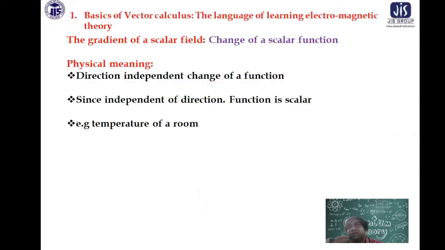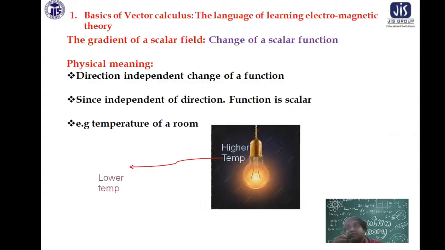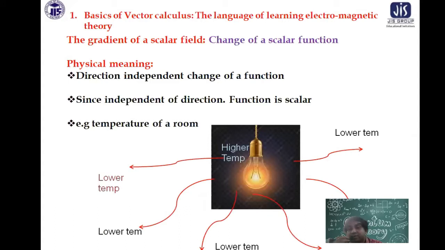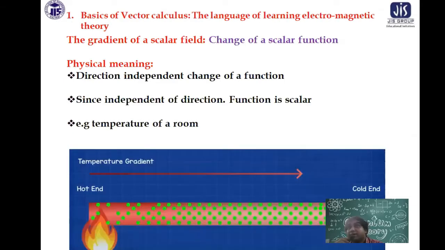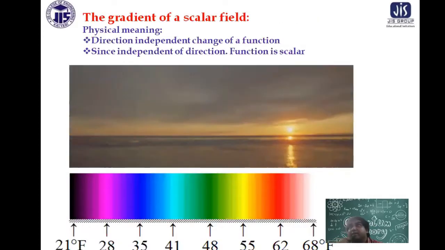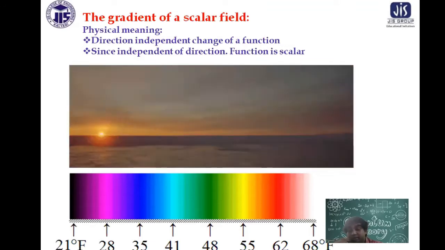Okay, so this is the basic concept of vectors. This is the concept of the gradient. Temperature is a scalar quantity and it changes, as you can see there. Again, if you heat a rod at one end, there is a gradient of temperature. It's a scalar. This is the sunlight. There is a gradient of the sunlight rays.